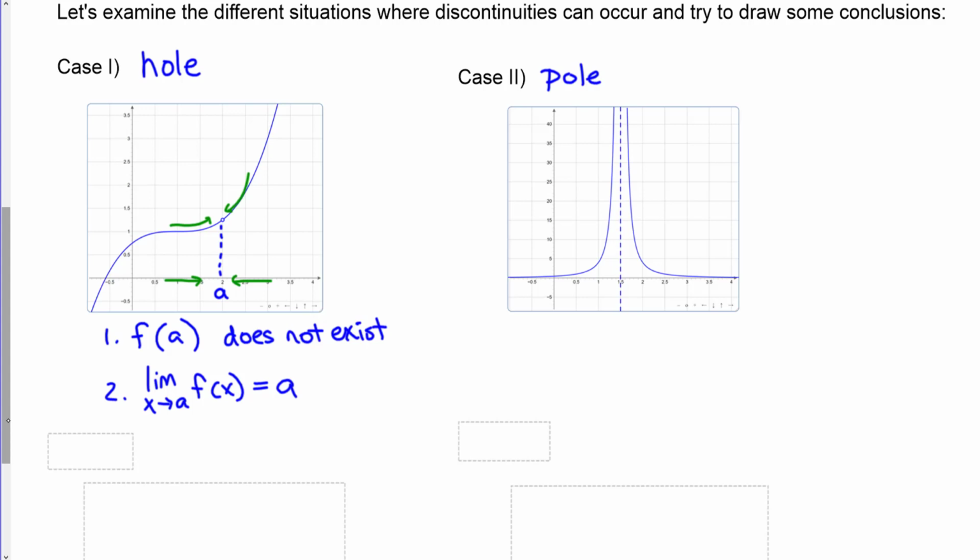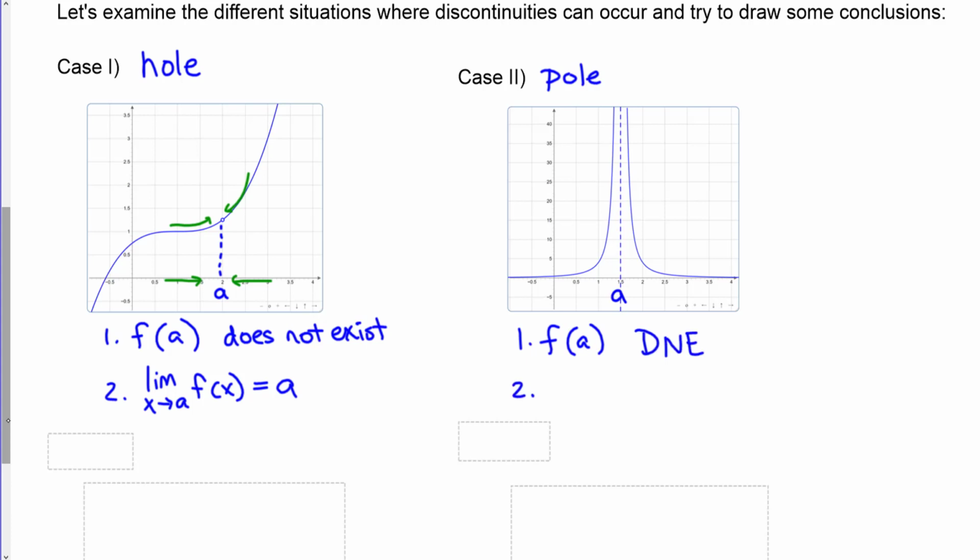What happens here is at this particular point, and again I'll just call it some value a along a curve, first off, the function itself is not defined. It would result in division by 0 possibly, or a logarithm also has an asymptote, but there's some reason that this function does not exist here. So the function itself does not exist.